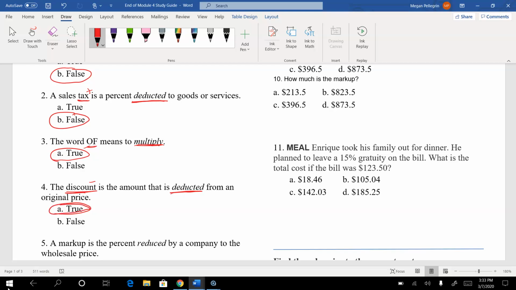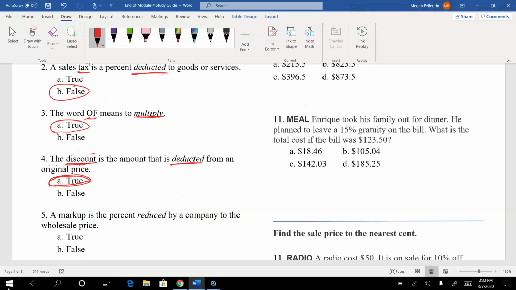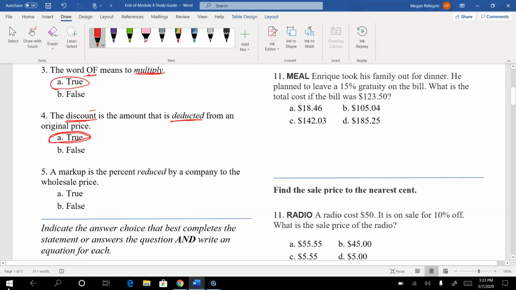Okay, so make sure to go through, we got one more. Number 5, a markup is the percent reduced by a company to the wholesale. Markup is added, reduced is taken away, so this is false.